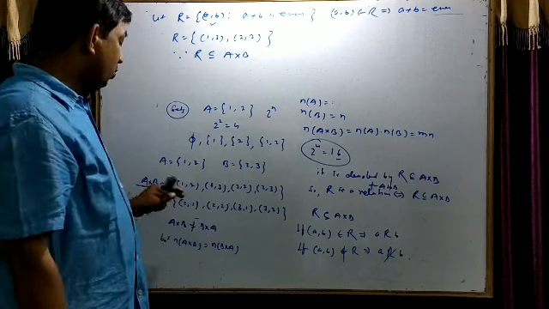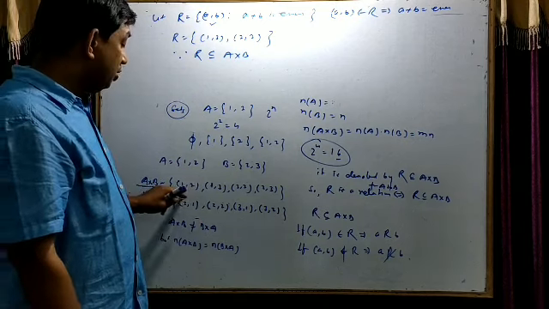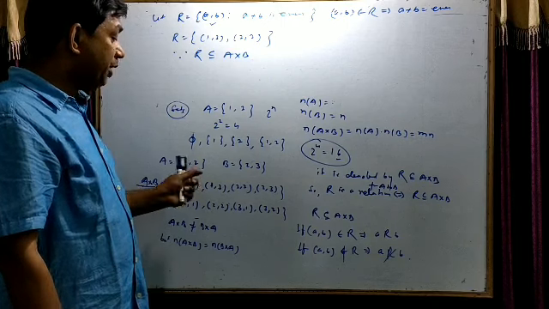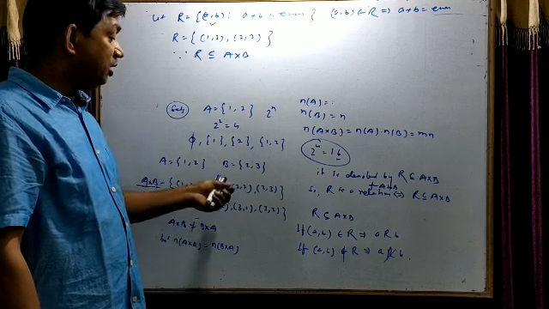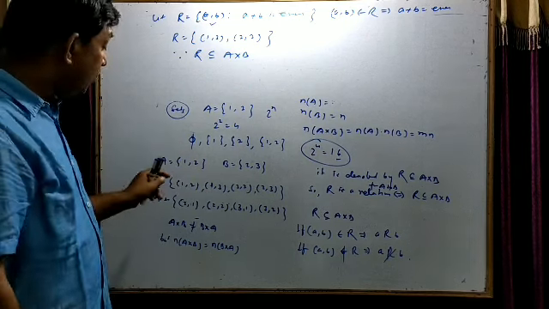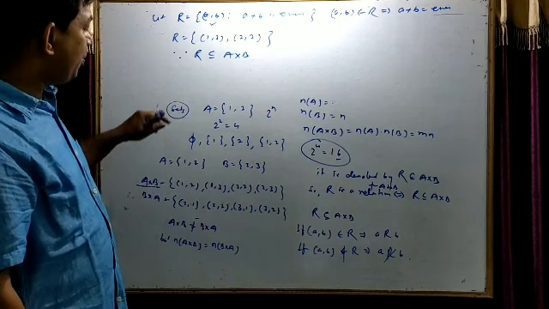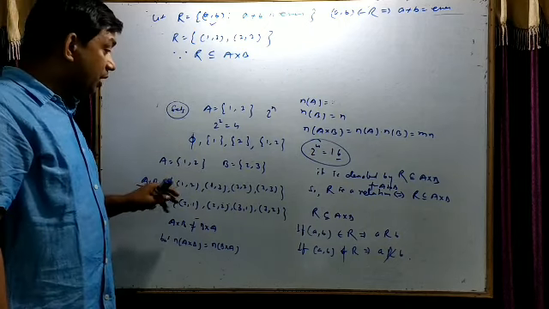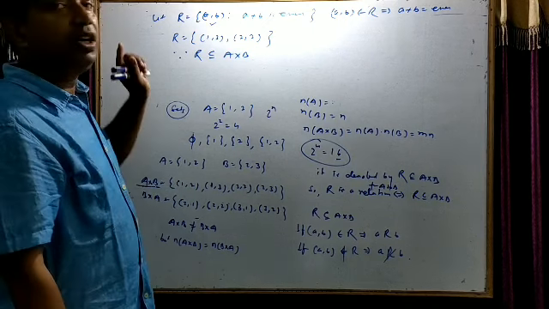How? We can write 4 singleton sets, pair sets like (1, 2), (1, 3), then sets with 3 ordered pairs at a time, and the set itself. In this way, 16 subsets are possible, and those 16 subsets are called relations.